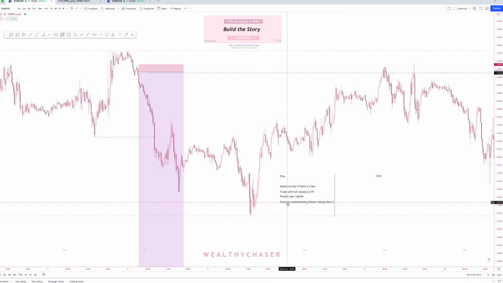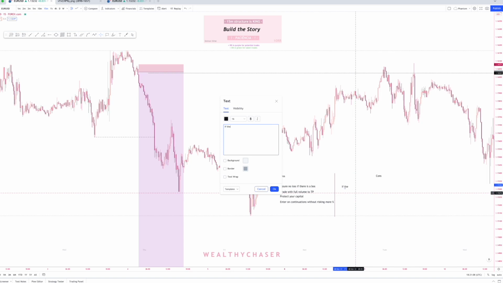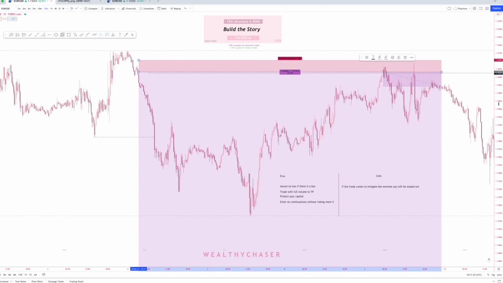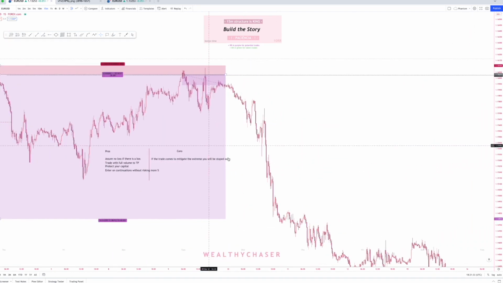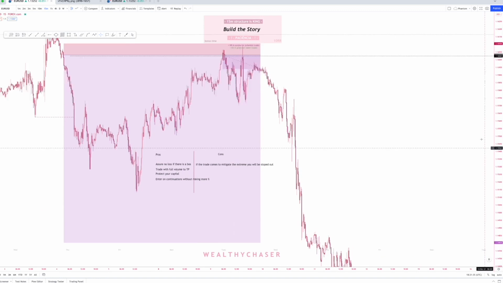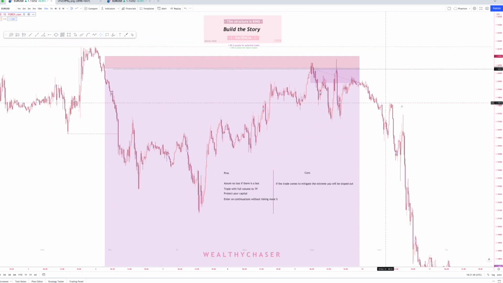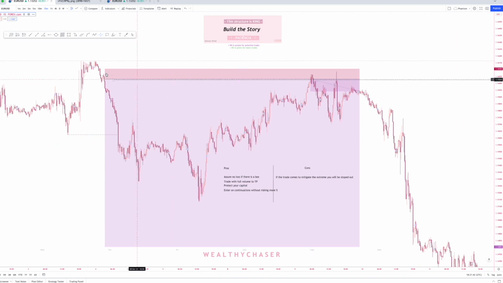Now, the con basically is if the trade comes to mitigate the extreme, you will be stopped out. Just imagine my stop loss is here. If I move my stop loss to break even, look what happened after. So boom, it melted. And what happened to me? Well, I was stopped too early with the simple fact that price came to mitigate the extreme.